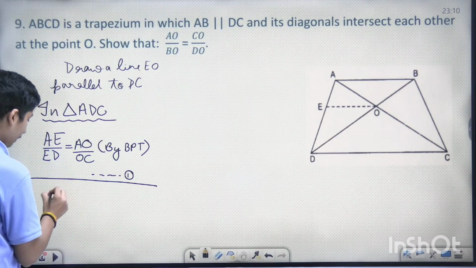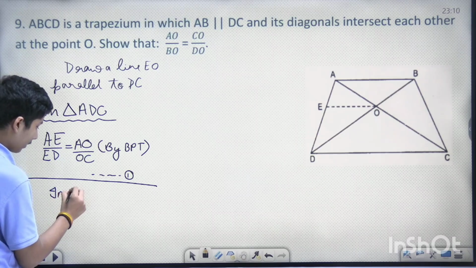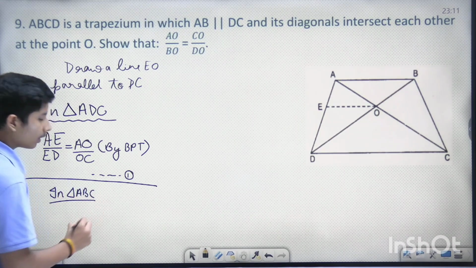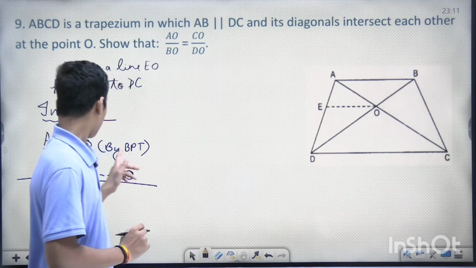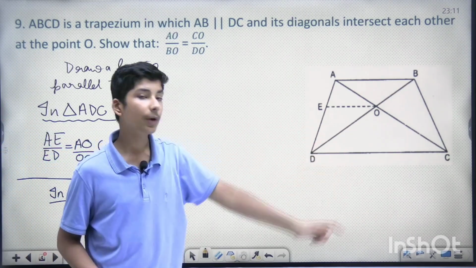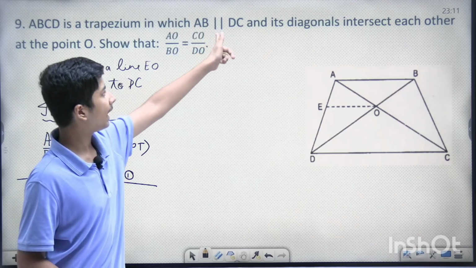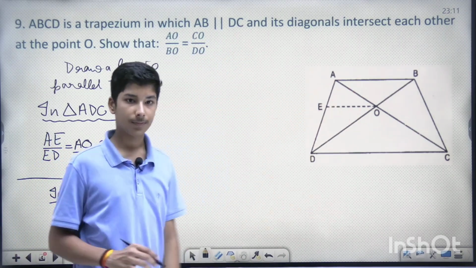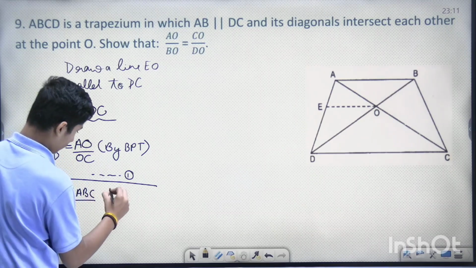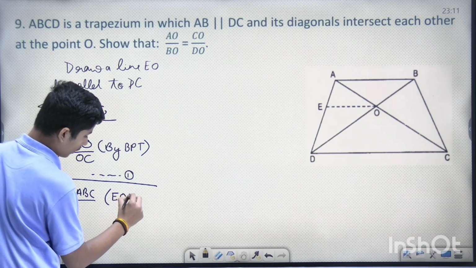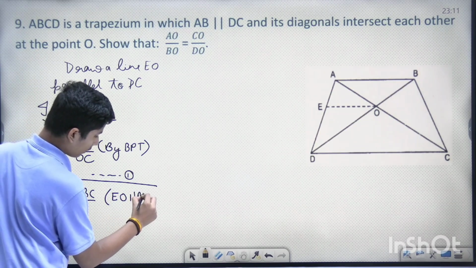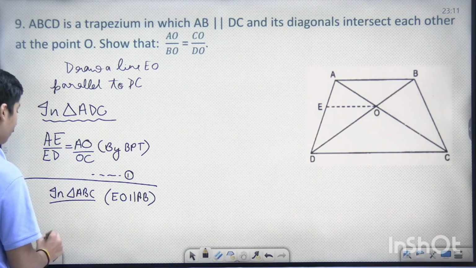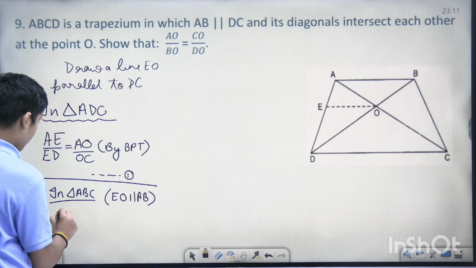Now we'll use the second triangle, triangle ABC. Here we know that EO is parallel to DC, but it is given that AB is also parallel to DC, so EO will be parallel to AB. So here also we will use BPT.